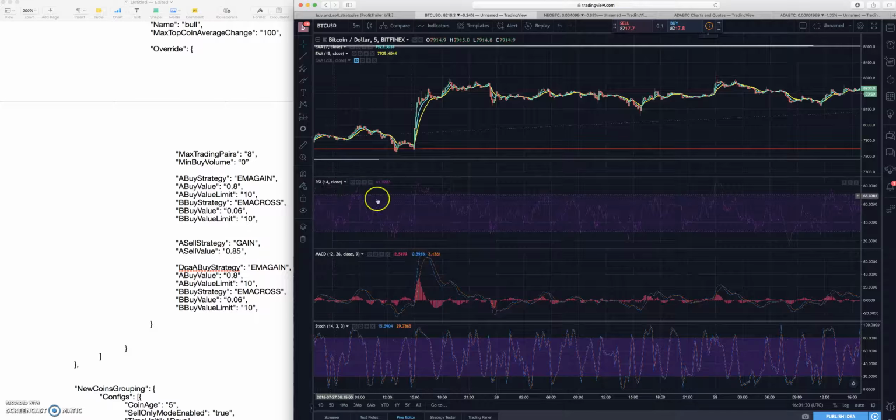You can use the traditional RSI to make your settings a little more conservative, because if you use an RSI underneath 30, you can see that doesn't happen all too often. 1, 2, 3, 4, 5 times, maybe 6 times. You can get an idea of where the RSI would be triggered. Then you can go down to the stochastic, and the stochastic is obviously overbought or oversold way more than this traditional RSI.